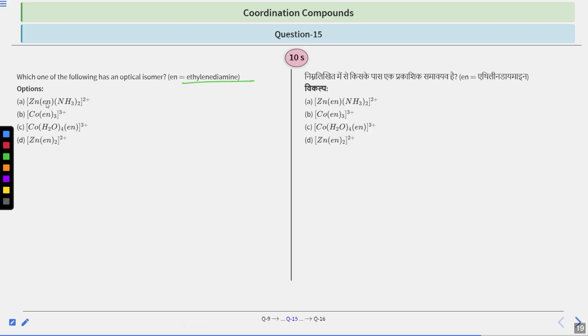Options are zinc ethylene diamine NH3 twice 2 positive, cobalt ethylene diamine thrice 3 positive, cobalt H2O 4 en 3 positive, or zinc en twice 2 positive. You have 10 seconds to solve this question. After that, we will see the answer.